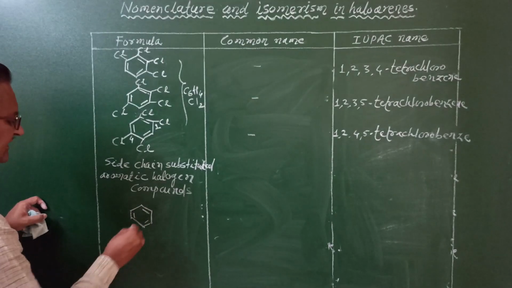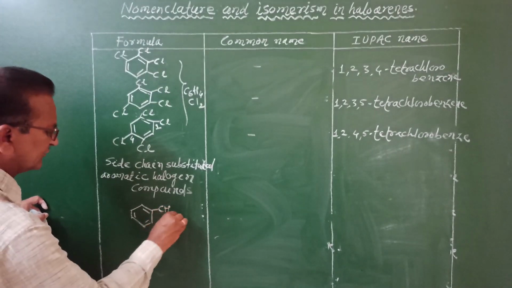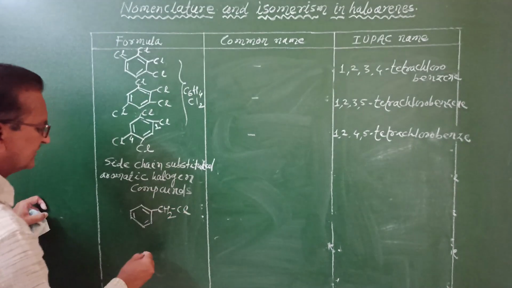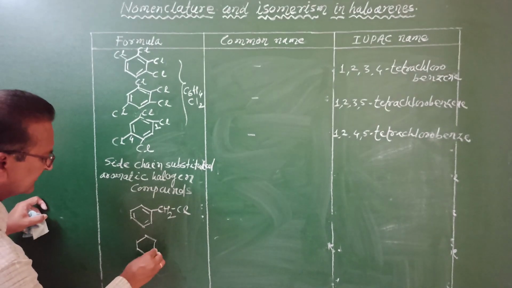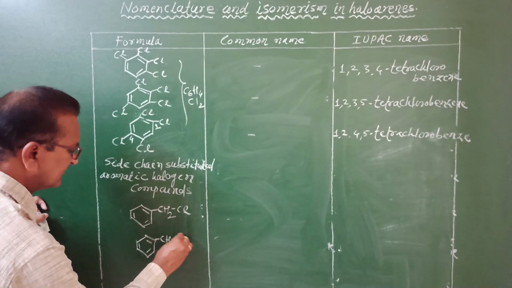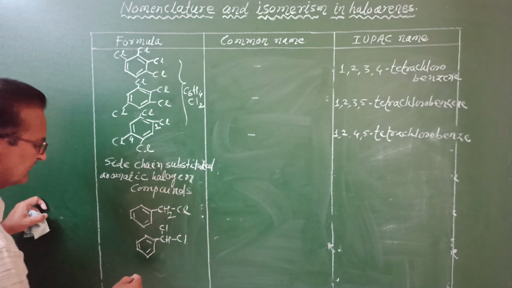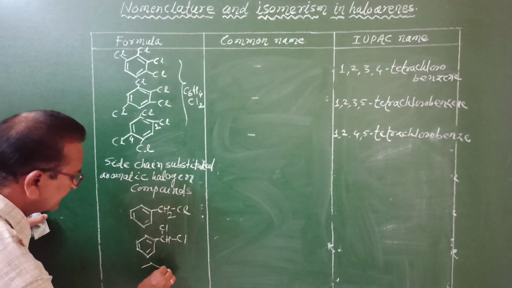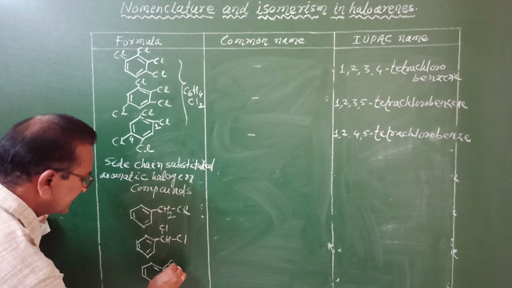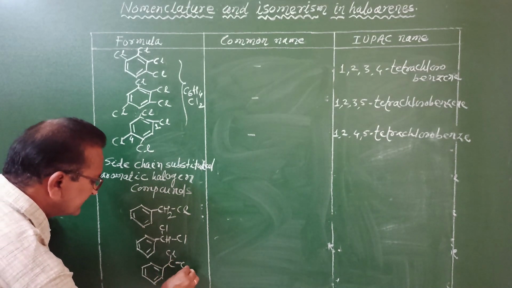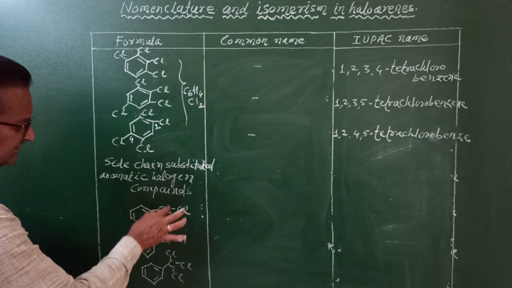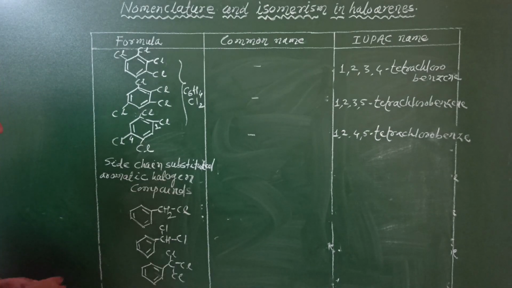Here halogen atoms are not directly bonded to the benzene ring, but the halogen atom is present on the side chain which is attached to the benzene ring. This is the first one. Next, CHCl2. Next, CCl3. These are called side chain substituted aromatic halogen compounds.